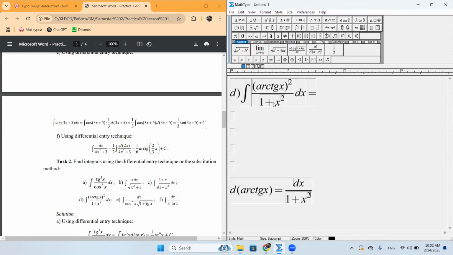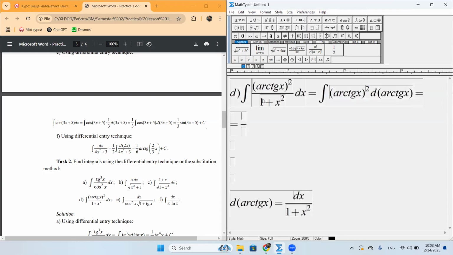So here we have a differential of arctangent. And now again, we integrate it like a power function. Any questions about this task?